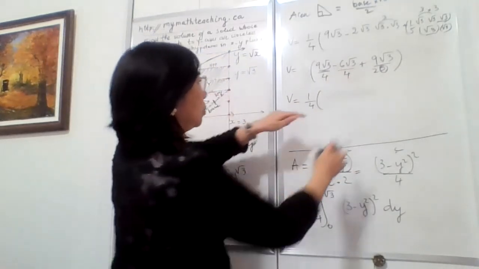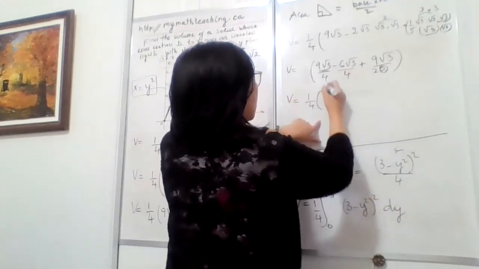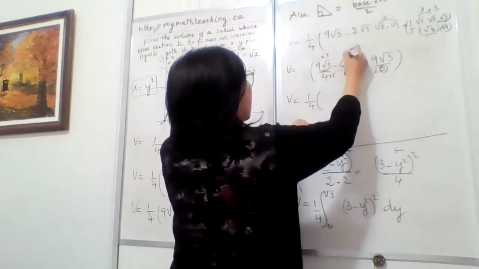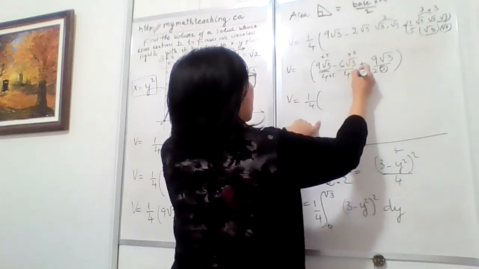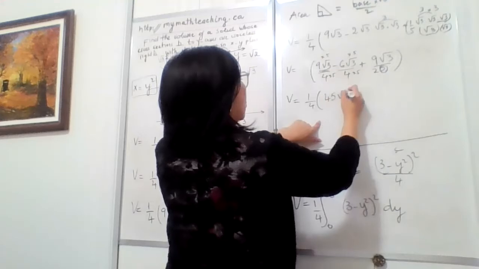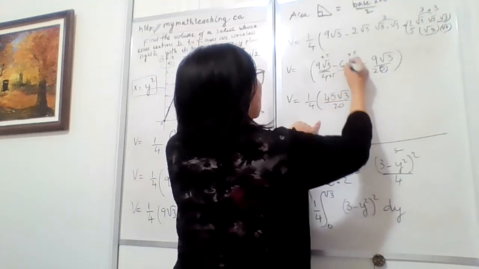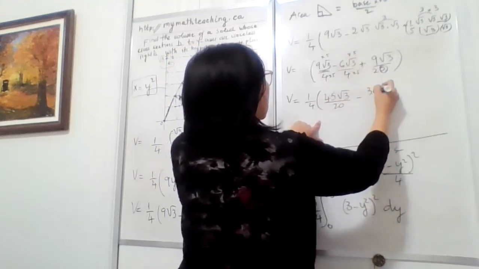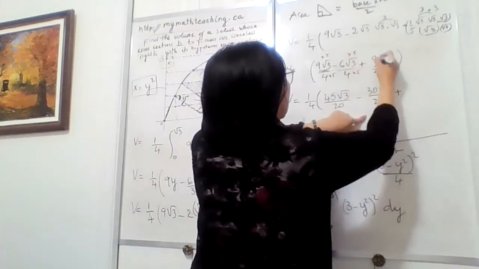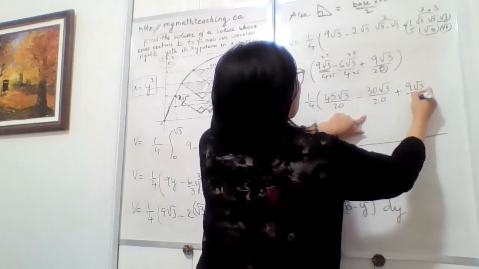So our common denominator will be 20, 4 times 5. So the top times 5, the bottom times 5, top times 5, bottom times 5. So 9 times 5 is 45 square root 3 over 20, minus 6 times 5 is 30 square root 3 over 20, adding 9 square root 3 over 20.